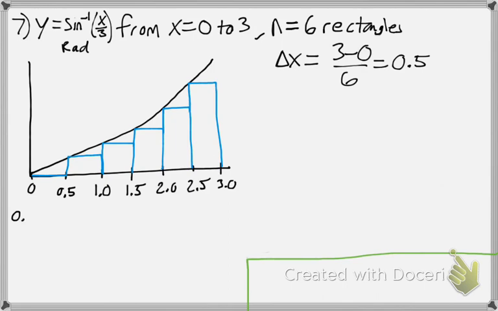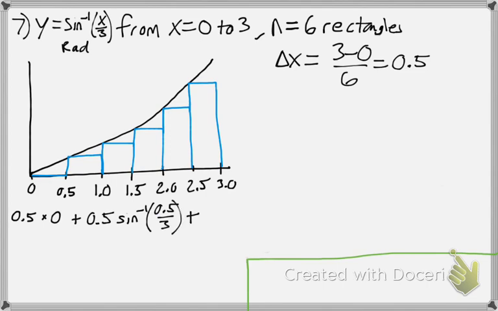But you would take the width of each triangle, which is 0.5, and then I'm going to multiply by 0 plus 0.5 times the height of the second rectangle here. That's if you plug in 0.5 into the function. So I want to actually plug in 0.5 into my function. So times sine inverse of 0.5 over 3.